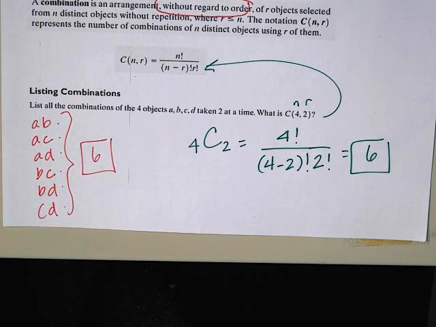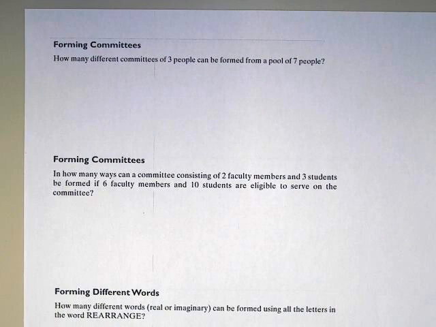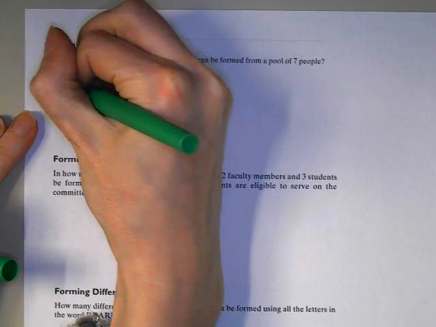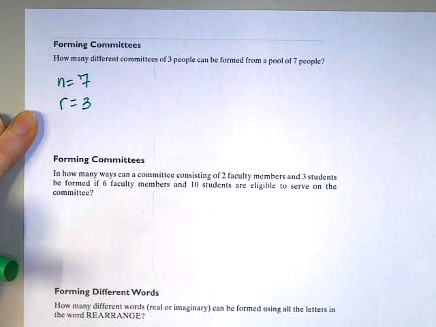Okay, let's flip it over. And here is the back side. How many different committees of 3 people can be formed from a pool of 7 people? Now, we're not giving them titles like president, vice president, secretary. So this would be a combination where n is 7 and r is 3.